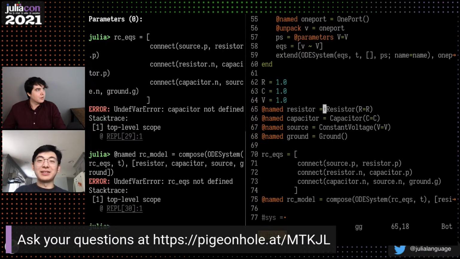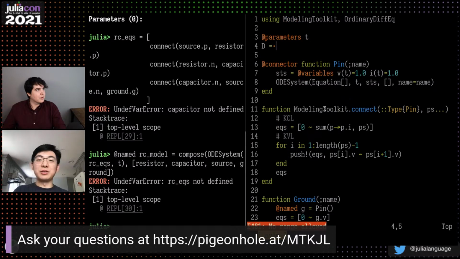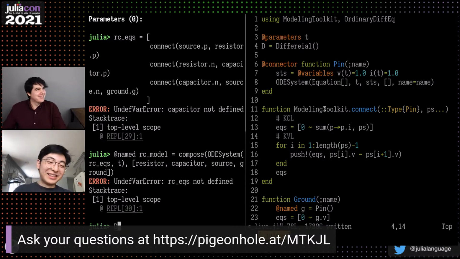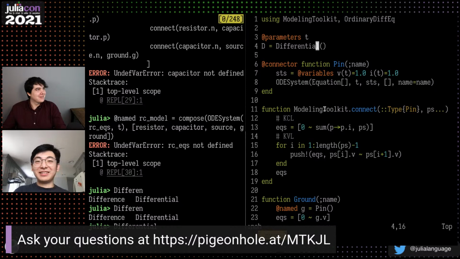D not defined, right. Because now we have the independent variable, we also need to define it. Oops, not different equations. Did I spell that right? No, that's spelled incorrectly. It's probably better for me to just use autocomplete.